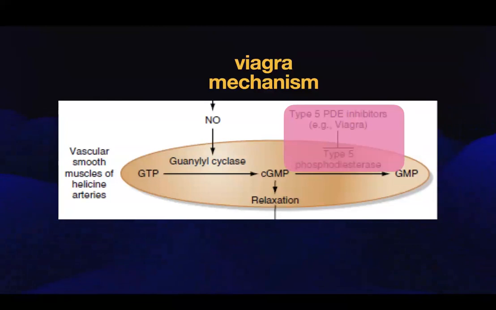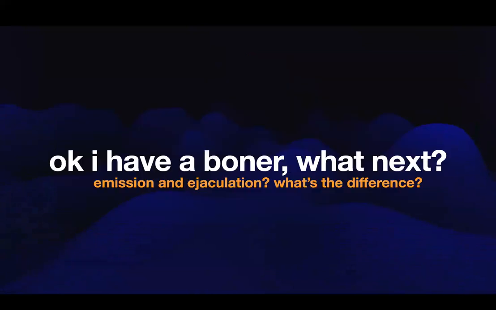Viagra inhibits the inhibitor. So what Viagra, or sildenafil, the actual name, does is inhibit the breakdown of cGMP. So you basically prolong the relaxation of smooth muscle cells. You prolong the process of vasodilation. So you basically get harder and for longer. That's the whole mechanism of Viagra.